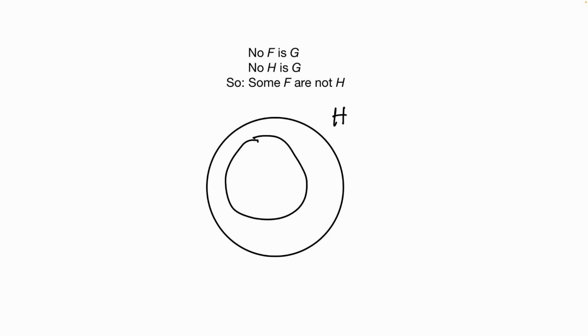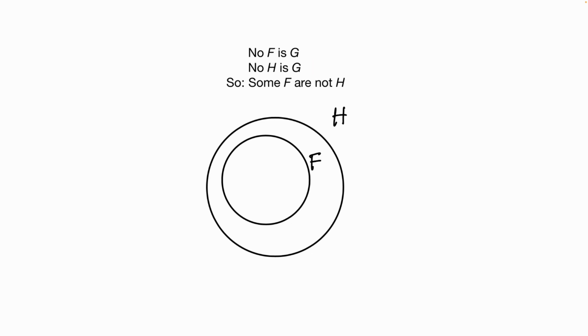So visually, what that looks like is, if here are the things that are H, and every F is H, that means F has to be like this. All the things that are F have to be H. So that would be this conclusion being false. And now can I make it the case that no F is G and that no H is G?